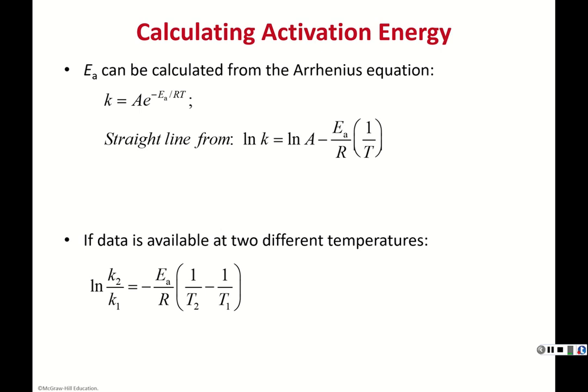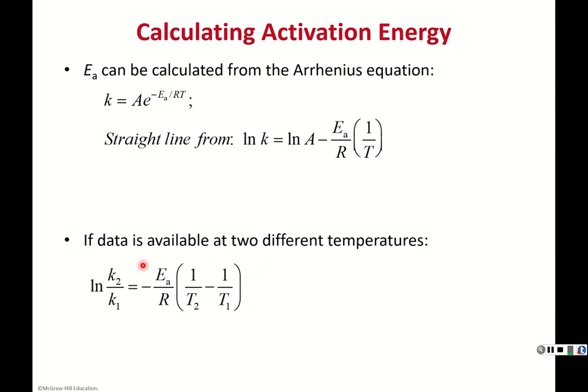The activation energy can be calculated from the Arrhenius equation. If we're given our rate constant, we can rearrange it to a straight line form, which would be ln of k equals ln of A minus activation energy over R times 1 over T. And if you have data available at two different temperatures, we'd have ln of K2 over K1 equals minus EA over R times 1 over T2 minus 1 over T1.